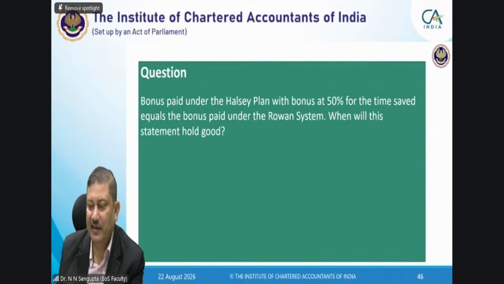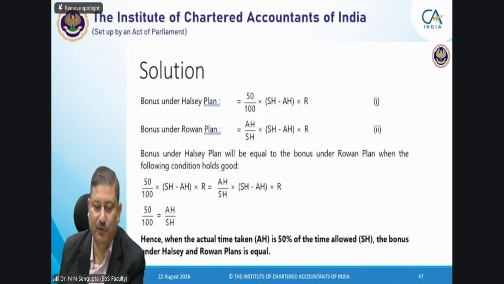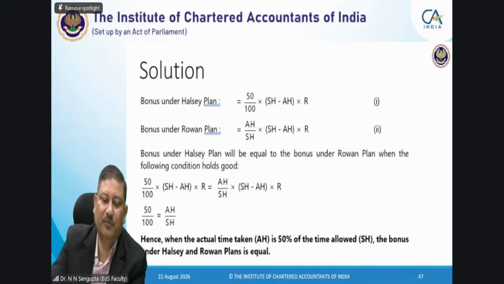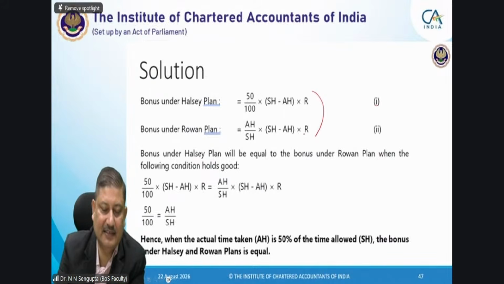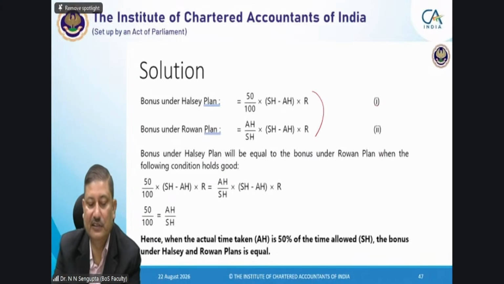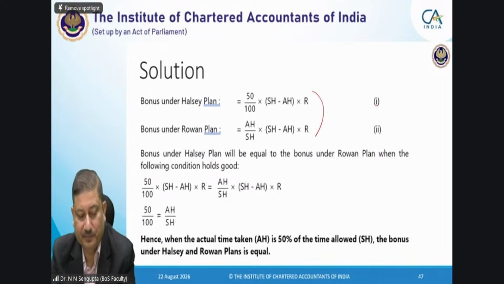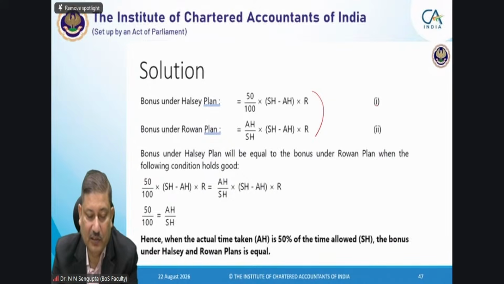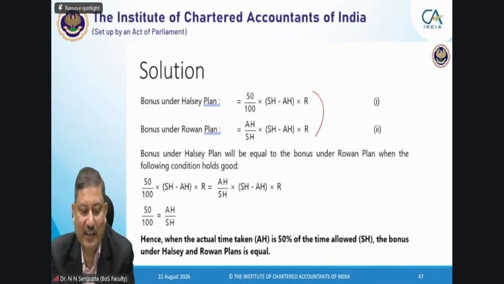Now, I was just telling you: bonus paid under Halsey with bonus at 50% for the time saved equals bonus paid under the Rowan system. When will this statement hold good, when will this statement be true? If you see, this is the way we calculate the bonus under Halsey, and this is the way we calculate bonus under Rowan. So the bonus under Halsey will be equal when the following condition holds good, when we can equate both.